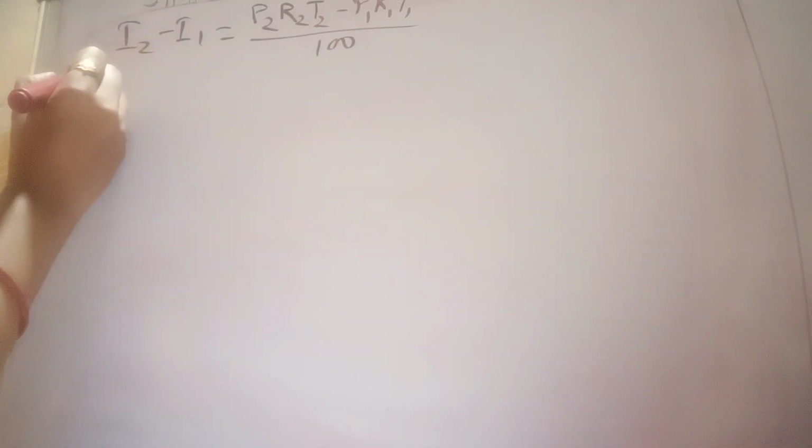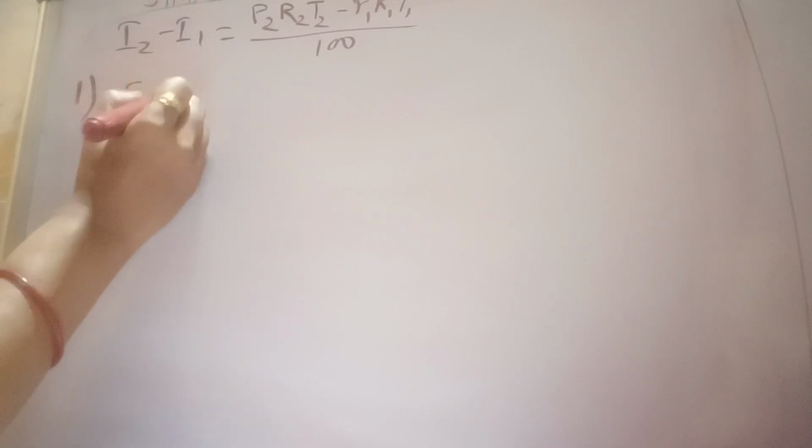This is the rule. According to this rule, there are some other rules. First is I2 minus I1. According to this condition, write down.